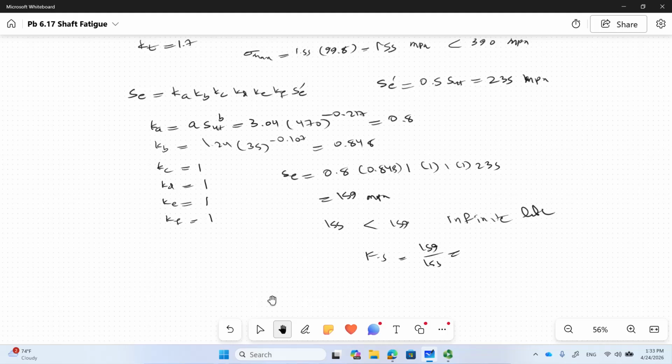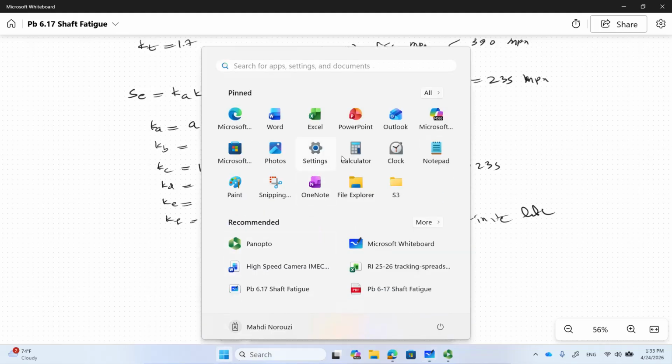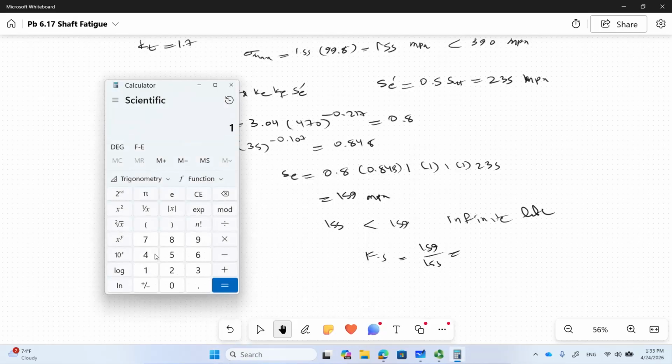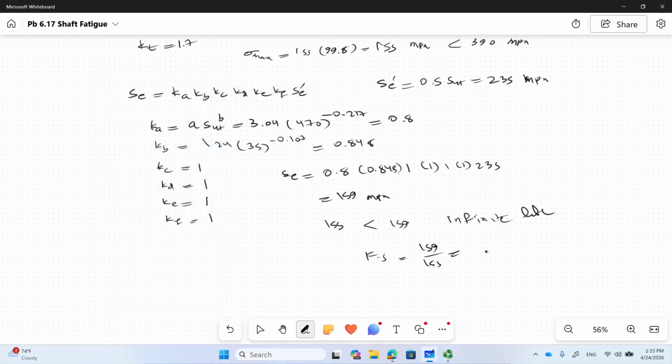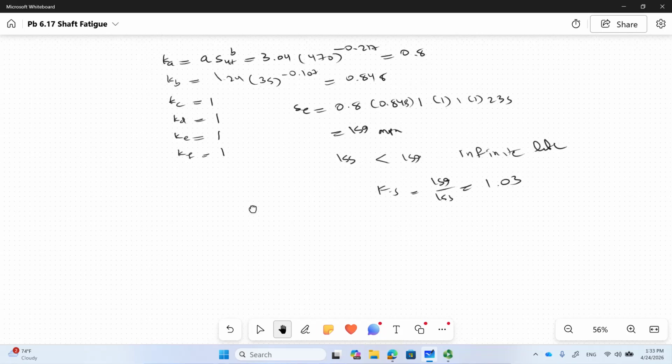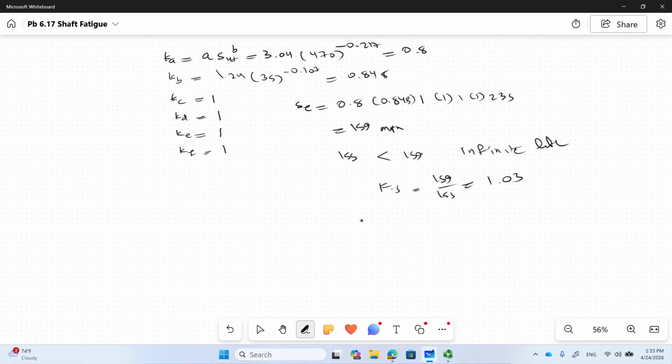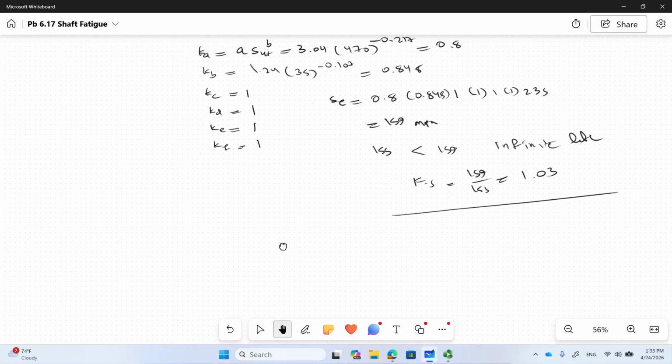We can divide those two by each other. This is how we report the life. We say we have infinite life with factor of safety of 1.02, or 1.03. Alright, so infinite life. Okay, so we are done.